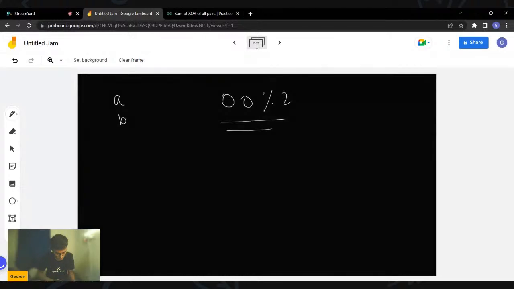And you have to return that sum. Okay. So how exactly will you try to solve this problem by using interpolation?